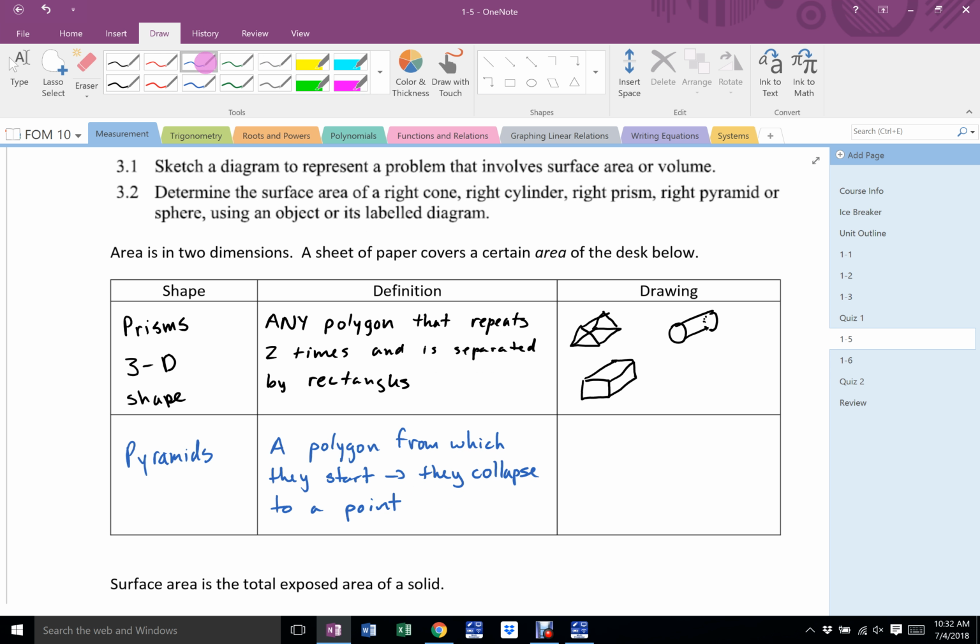Now, right here under there, the starting polygon is known as the base.